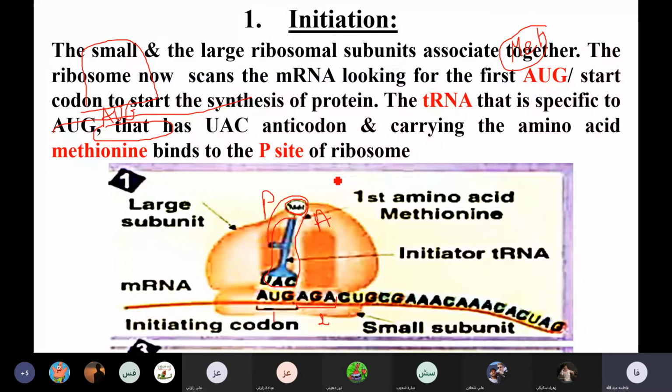It will move along the messenger RNA, scanning, looking for the first AUG, the start codon. منها حتبلش البروتين synthesis. Now, the transfer RNA يلي هو specific for AUG بيكون عنده أنتي كودون بعكس ال AUG اللي هو UAC، بس بيكون حامل على راسه الأمينو أسيد من فوق يلي هي MET.